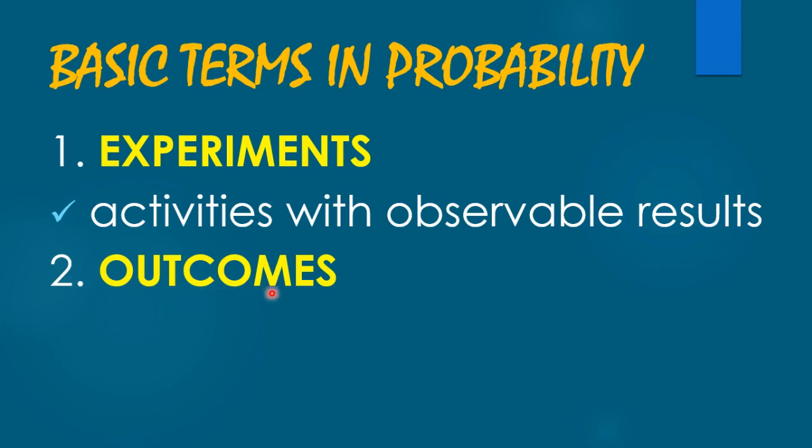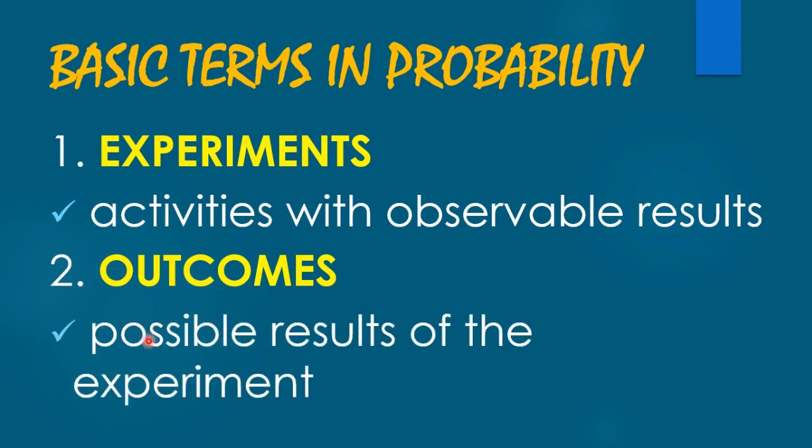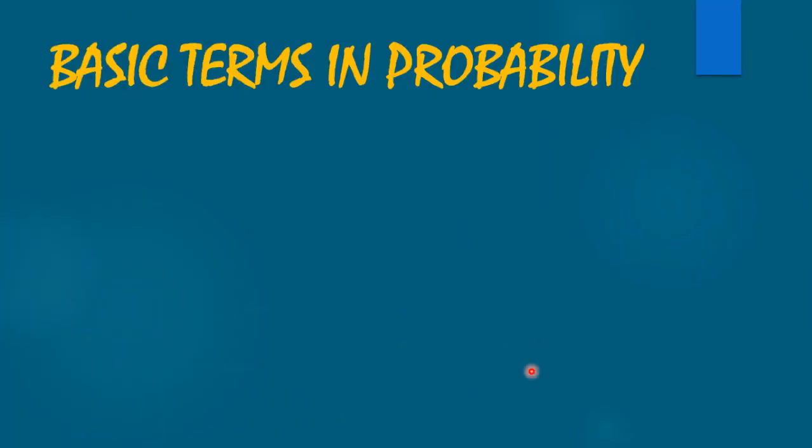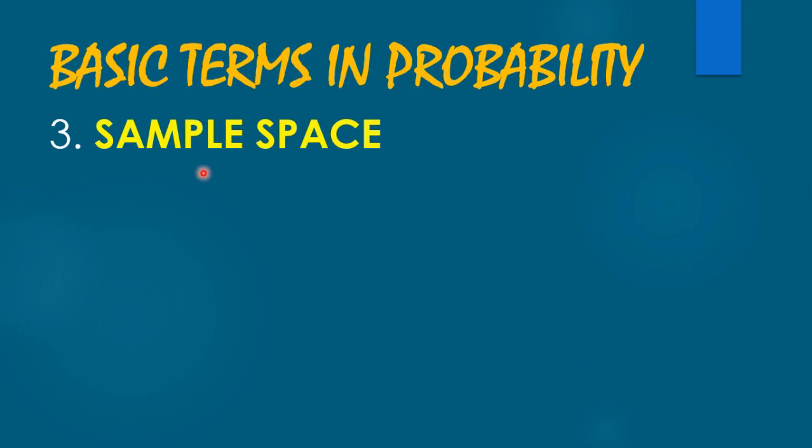Next is outcomes. These are the possible results of the given experiment. For example, in tossing a coin, the outcome can be head or tail. Next, it is what we call sample space.